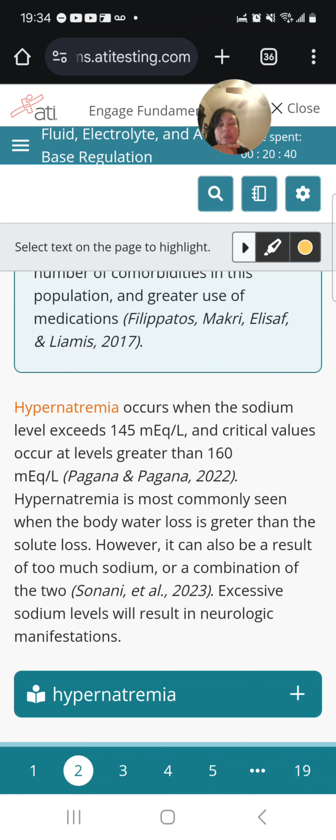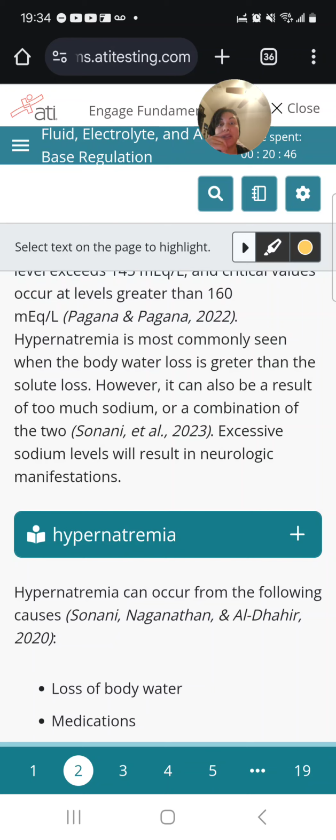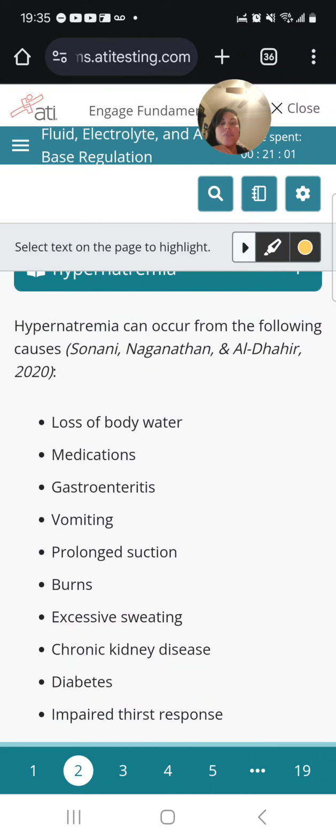So hypernatremia occurs when sodium is above 145. Hypernatremia is most commonly seen when the body water loss is greater than the sodium loss. However, it can be a result of too much sodium or a combination of the two.